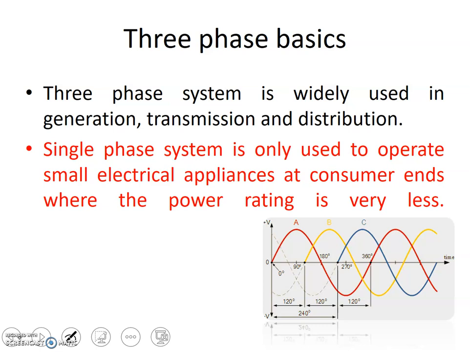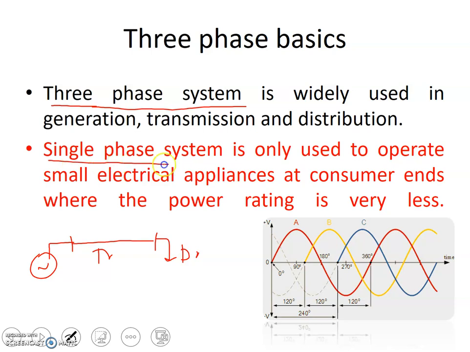To start with, a three-phase system is widely used in generation, transmission, and distribution. So right from the generation end, to the transmission, and finally to the distribution, everywhere you will find a three-phase system in place.